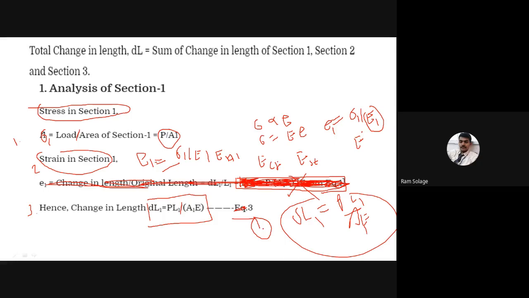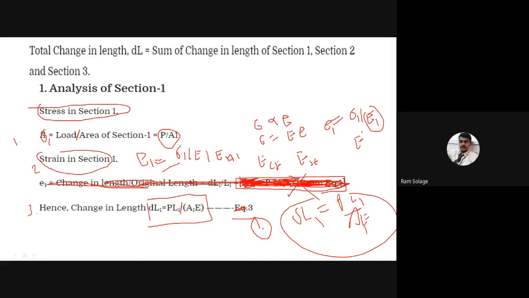Now this is the stress, strain and change in length or elongation of section number 1. Similarly, we have to calculate stress, strain and elongation of section number 2. Now see what I told you: we have calculated the stress, strain and elongation for section number 1.